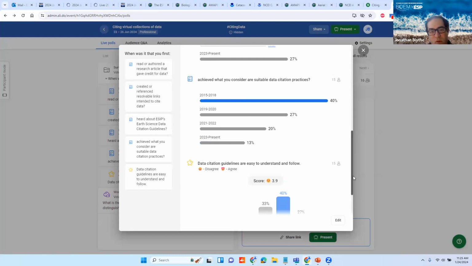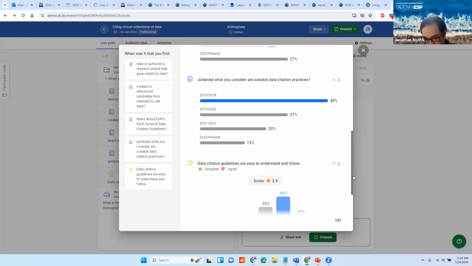Have we achieved what we consider to be suitable data citation guidelines or practices? And this is really encouraging. I'm so happy that people have already achieved this, and well before 5 years ago, because that was not my general impression from the discovery cluster. So maybe I have to reassess that presumption.